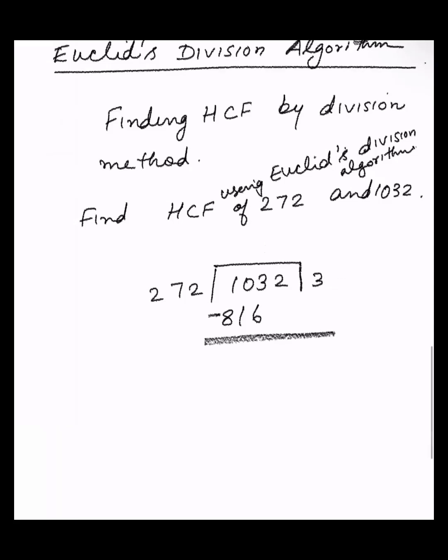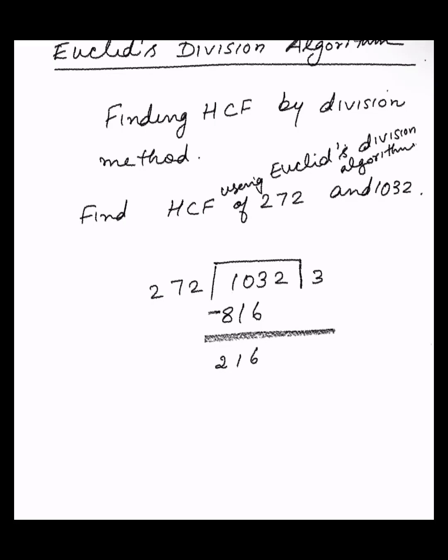It is going to be 216. Okay, 216. Now what? 216 is the remainder, right? What should I do now? 216 is the remainder for this operation. Keep it there and bring our divisor here.